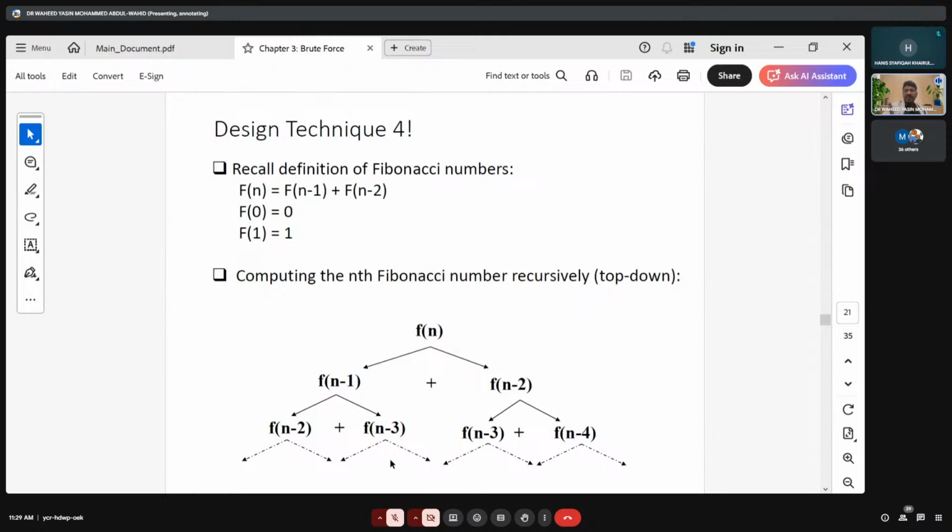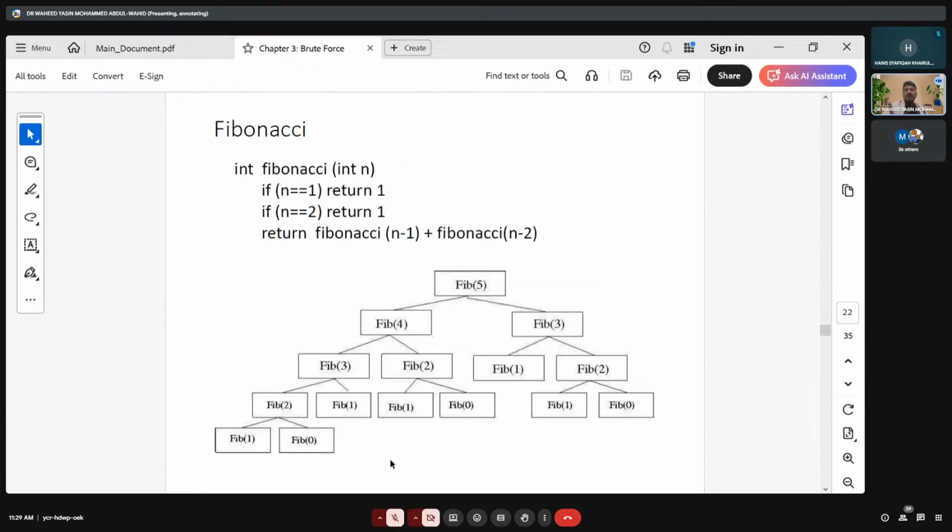So this is the problem of Fibonacci. It gives me the result, but I need to optimize. Here we have to find how to solve this problem. If n equals 1, return 1. If n equals 2, return 1. Otherwise return Fibonacci n minus 1 plus Fibonacci n minus 2. Here, fib 5, fib 4, fib 3, fib 2, fib 1.